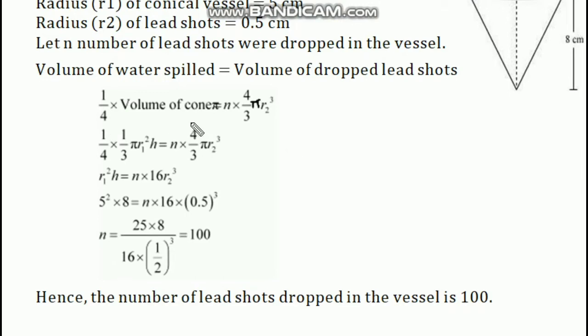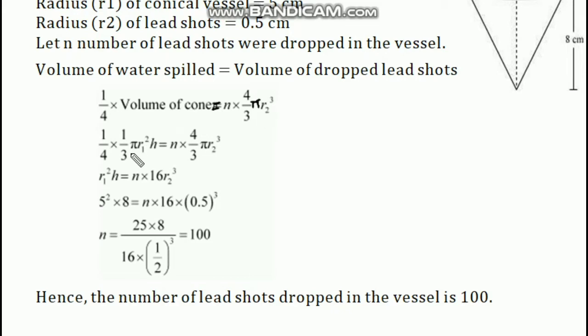So 1/4 of the volume of cone equals n into 4 by 3 pi r cube. 4 by 3 pi r cube is the volume of a sphere, and 1/4 of the volume of cone is equal to the volume of n lead shots.